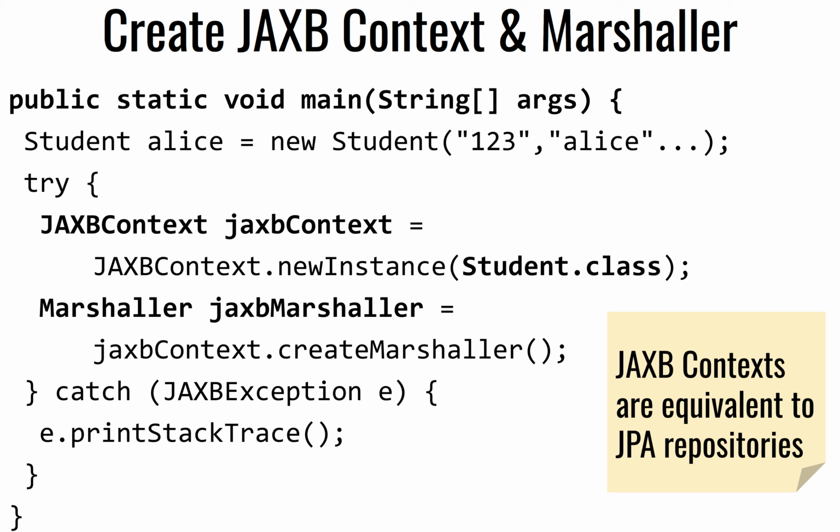In a JPA repository, some of the more common operations are finders and save and deletes and whatnot, so it provided some of the CRUD operations. Here, the JAXB context only really provides two operations: reading from an XML document into memory, or writing from memory into an XML document.